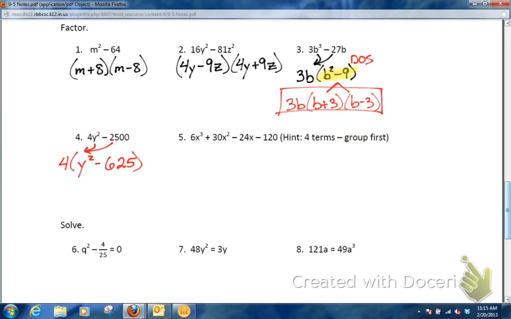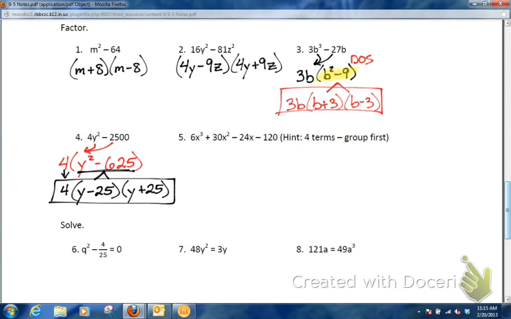Now, a lot of you are going to miss the fact that 625 is a perfect square too, because the square root of 625 is 25, so this right here is a difference of squares now, and it breaks down into y minus 25, y plus 25, and again, don't forget that the first thing you did was factor out a 4. So again, the first thing you always have to look for when you do these problems or any factoring problems is, is there a GCF that I can take out first? That's always the first thing you're looking for here.